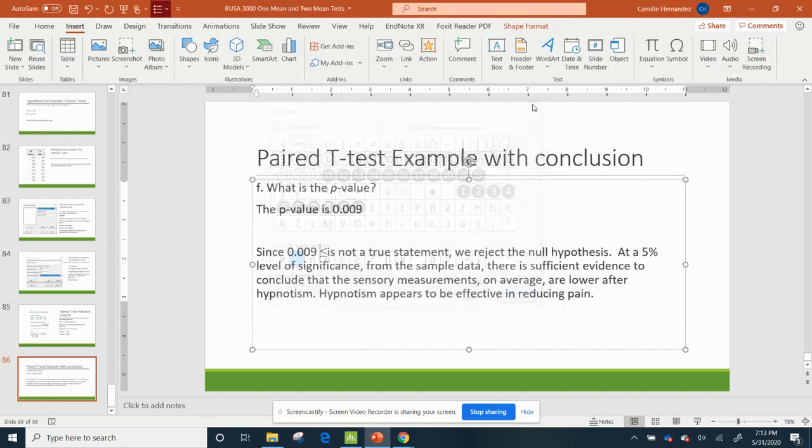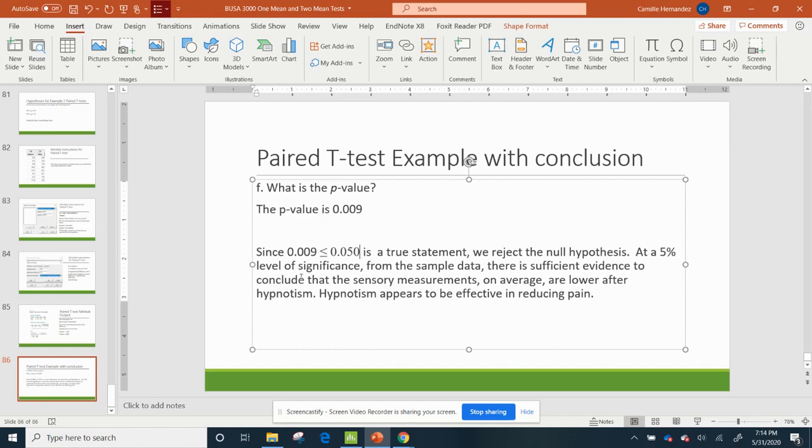So since my p-value is less than my level of significance, this is a true statement, because 0.009 is less than 0.05. We reject the null. So at the 5% level of significance, there is sufficient evidence to conclude that the sensory measurements on average are lower after hypnosis. So hypnosis appears to be reducing the pain.